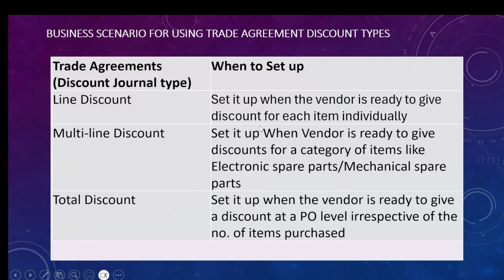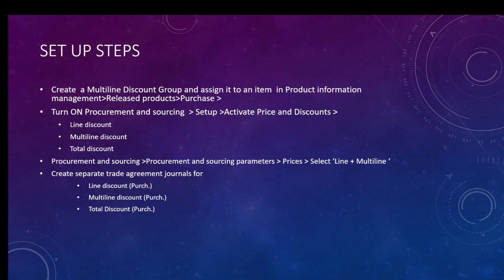Now that we know the concept of the 3 different discount types and when to use them, let's see how to configure it in F&O. There are a few configuration steps in F&O. Let me take you through that. These are the setup steps we should do before we start creating a purchase order transaction that involves a trade agreement.